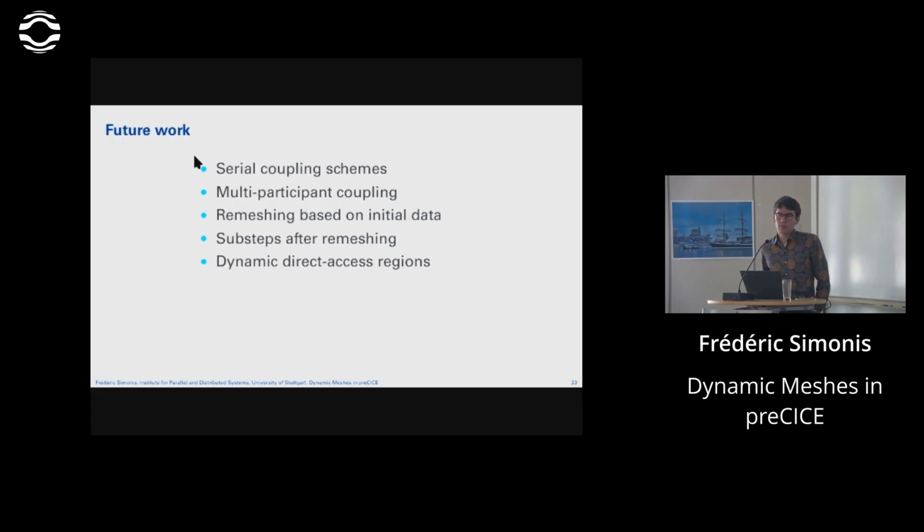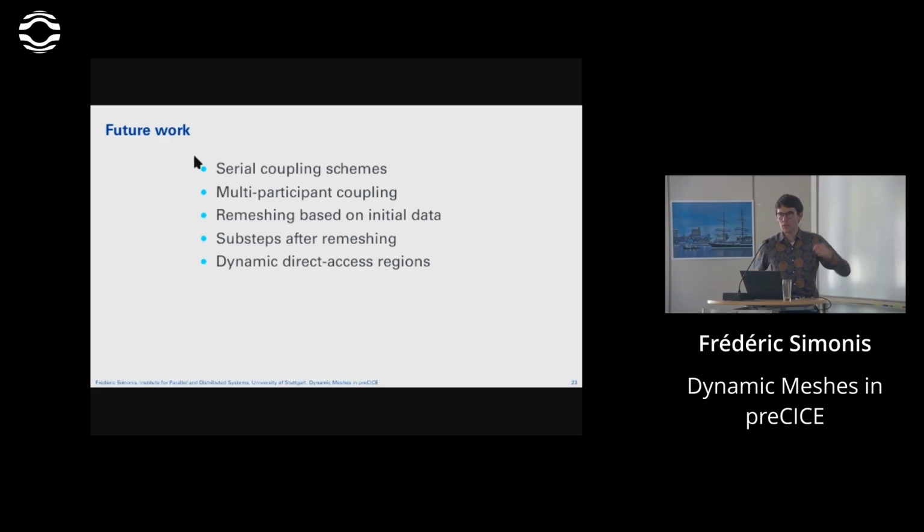Some future work is to get this to work with serial coupling schemes, which is pretty complicated due to our current abstractions inside preCICE. Multi-participant coupling is both extremely challenging and very simple at the same time. So we have something that we call the multi-coupling scheme, which is essentially a parallel coupling scheme with multiple participants.